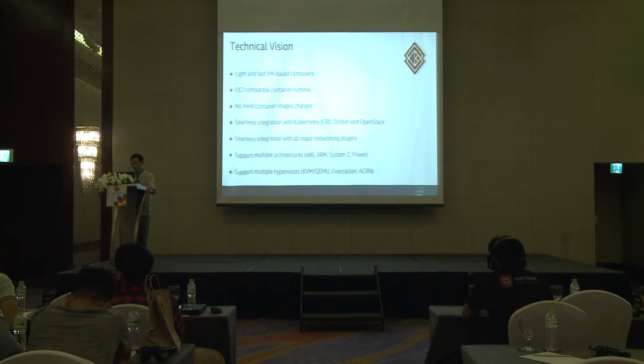And this year, after AWS announced a new hypervisor called Firecracker, which is a micro hypervisor much faster and lighter than the KVM hypervisor, Kata container also supports the Firecracker hypervisor, and other hypervisors like ACRN, and maybe more hypervisors will be supported in the Kata container.